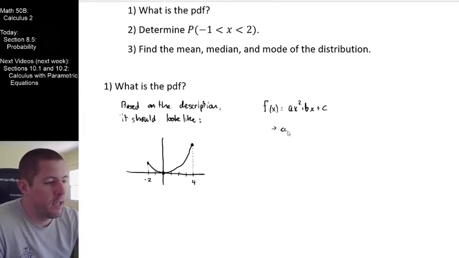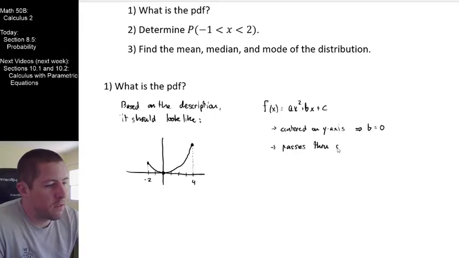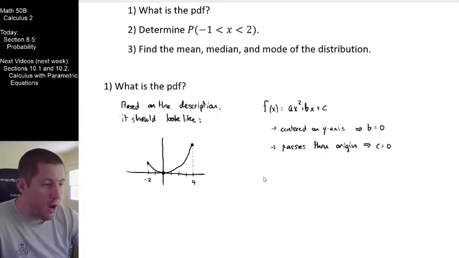So centered on the y-axis tells me b is equal to 0, and passing through the origin tells me c must be equal to 0. So f of x is really just some ax squared.